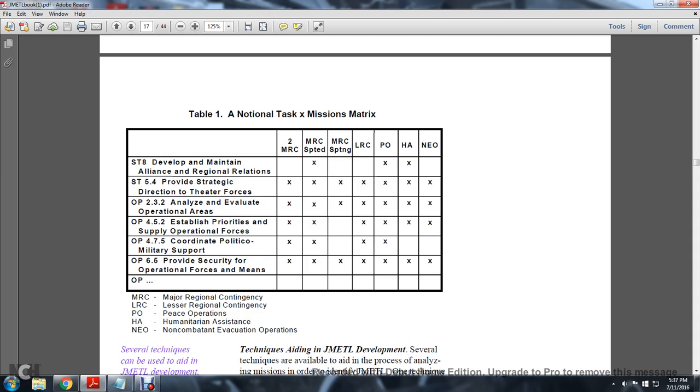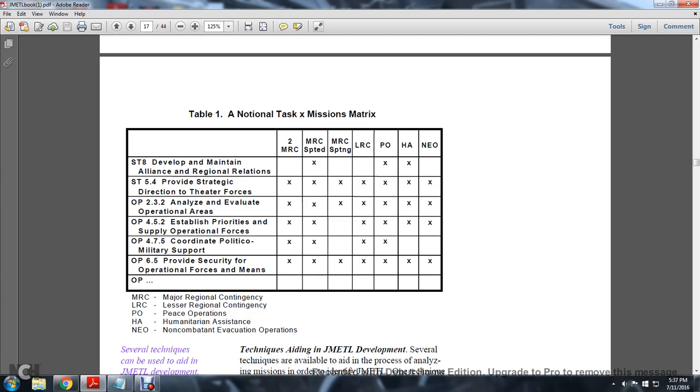You have the MRC, LRC, PO, HA, and NEO. MRC is major regional contingency. LRC is lesser regional contingency. PO is peace operations. HA is humanitarian assistance, and NEO is non-combatant evacuation operations.